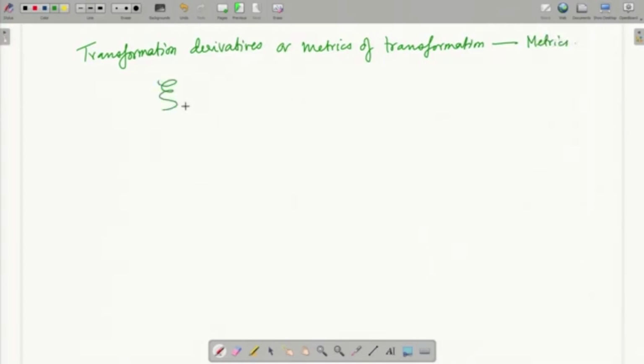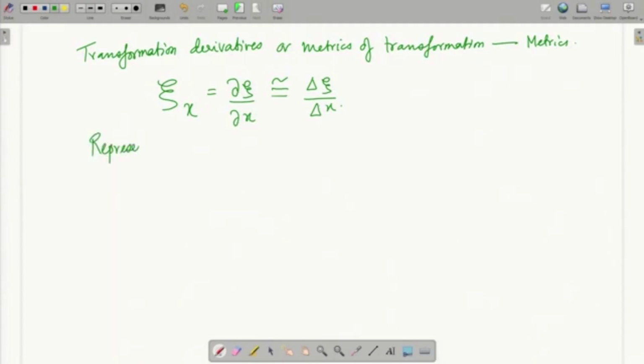If we look at any one of those terms, then you can approximately write it as delta xi by delta x. So, what does it represent?